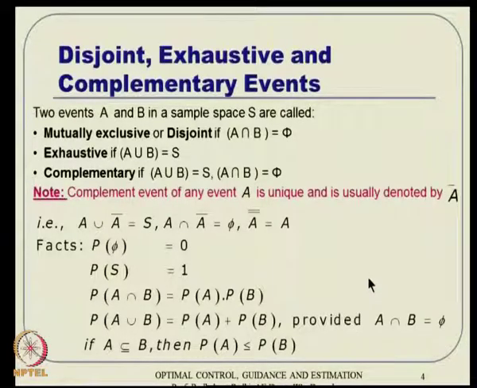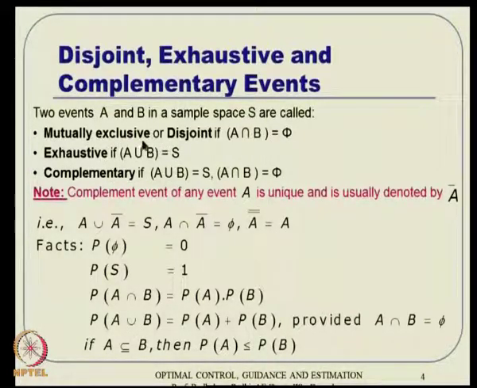There are other concepts such as disjoint events, exhaustive events, and complementary events. This is very close to set theory. Two events A and B in a sample space S are called mutually exclusive or disjoint if there is nothing in common between them, that is, A intersection B is the null set.